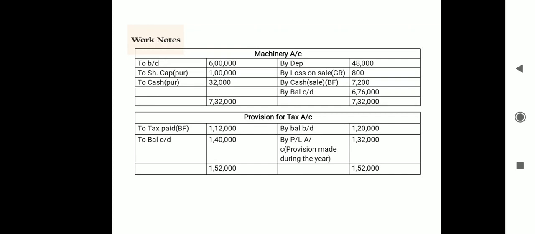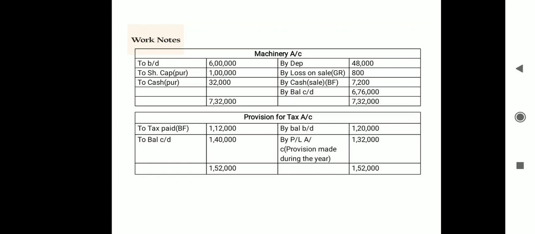Now coming to the provision for tax account. We had the opening balance and closing balance, so make the entry for provision for tax liability. Starting from the credit side, balance b/d 1,20,000 and balance c/d 1,40,000. Then the additional information says provision made during the year. We assume that provision is made from the profit and loss account of the year.